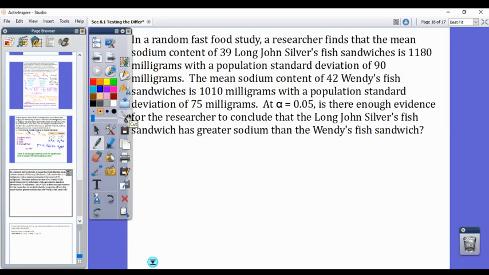So in this case, we have two restaurants, Long John Silver's and Wendy's.